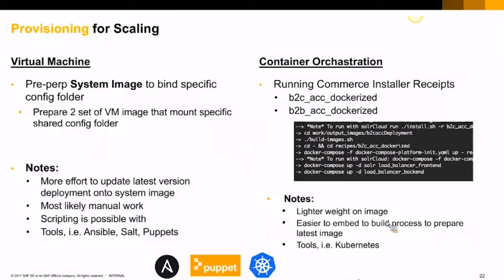Since Hybris 6.2, we introduced the containerization of Hybris. So Hybris now comes with two different recipes. We have already prepared Docker images and Docker scripts for you to run Hybris in the Docker approach.